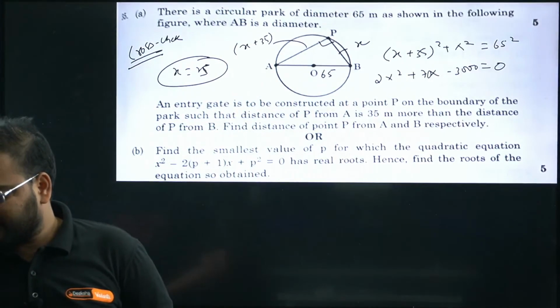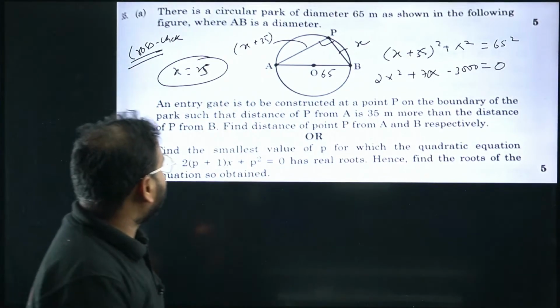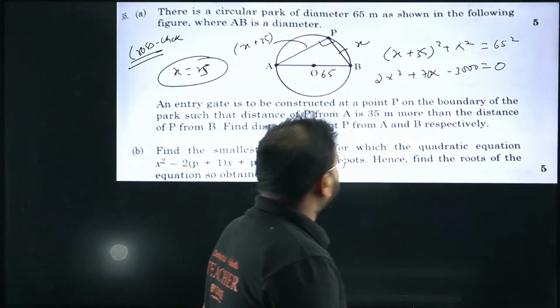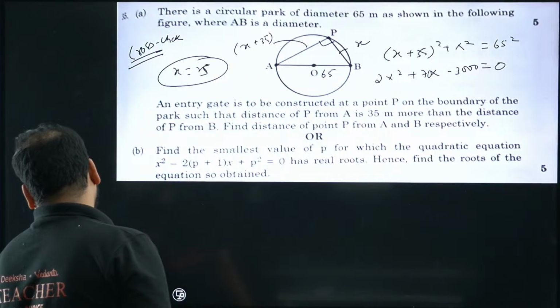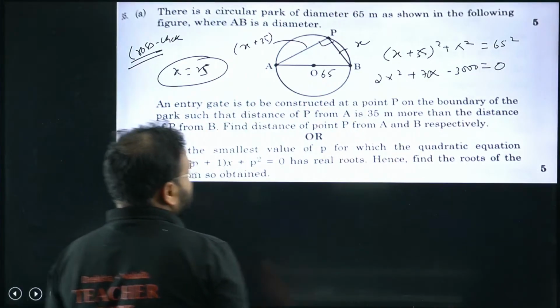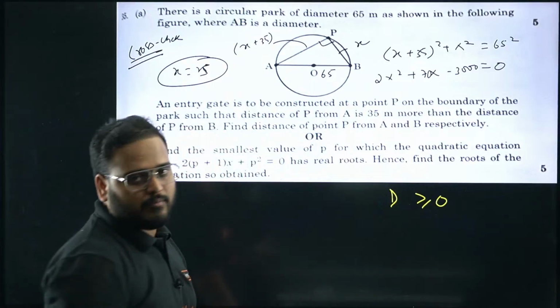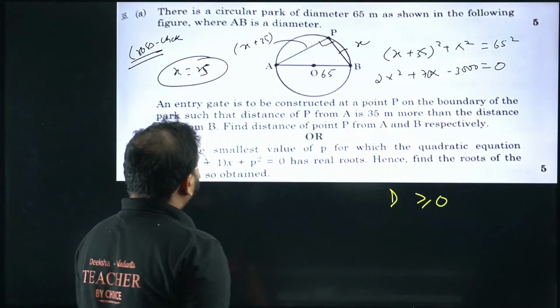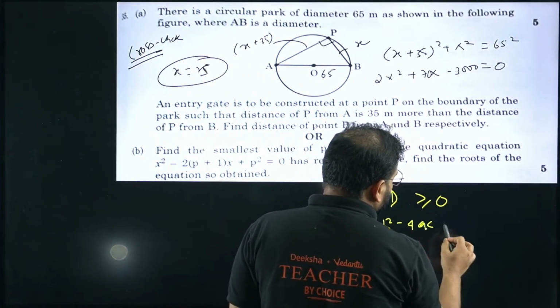What is the next question? Find the smallest value of p for which the quadratic equation has a real root. Real means the discriminant has to be greater than or equal to 0. Both conditions have to be true, both greater than and equal to. So b square minus 4ac will be greater than or equal to 0.